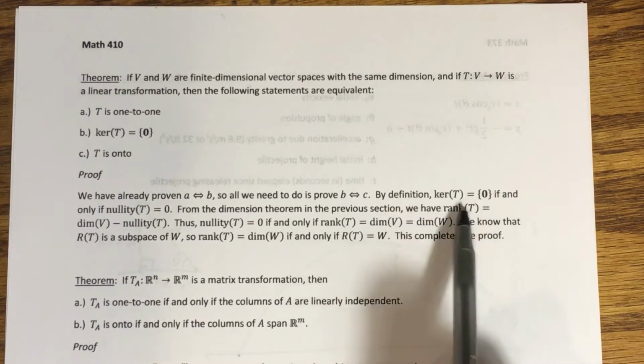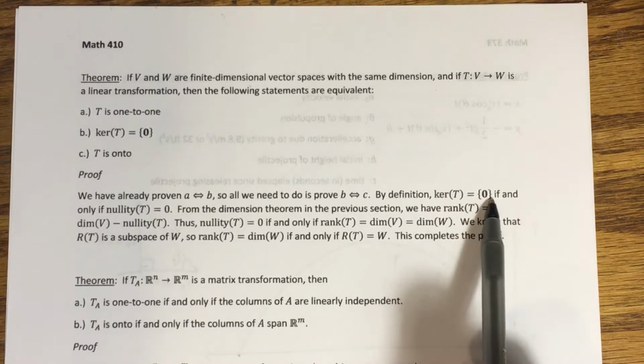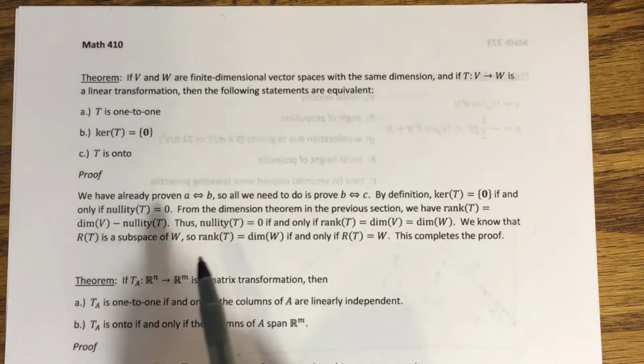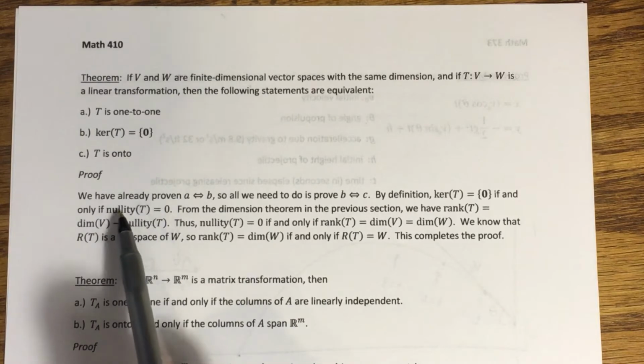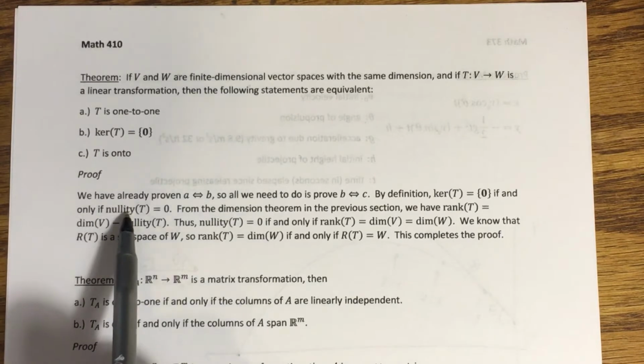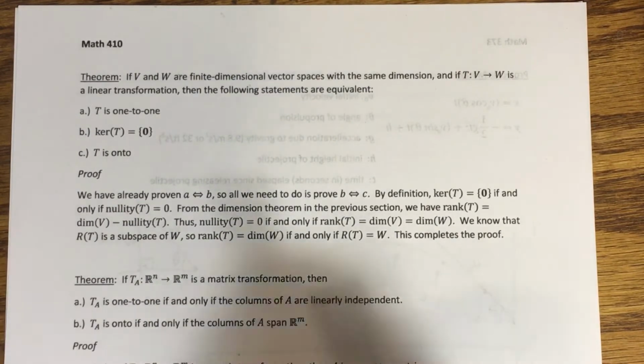Well, we know from the definition of what a kernel is, the kernel of T is equal to the set containing the zero vector if and only if the nullity of T is zero. Why is that? Well, remember, we defined rank and nullity in the previous section in the context of vector spaces and linear transformations. A linear transformation has a nullity of n if the dimension of its kernel is n.